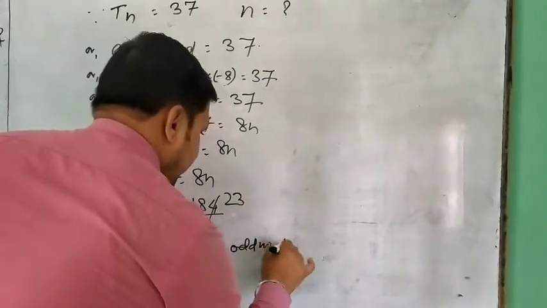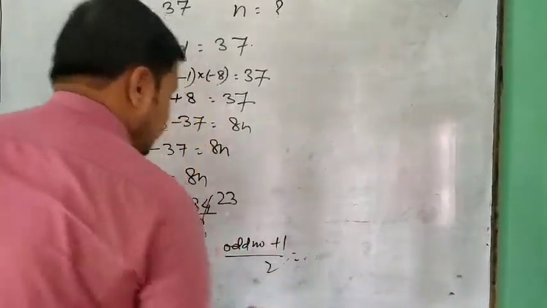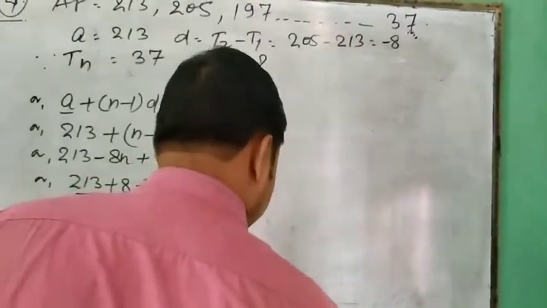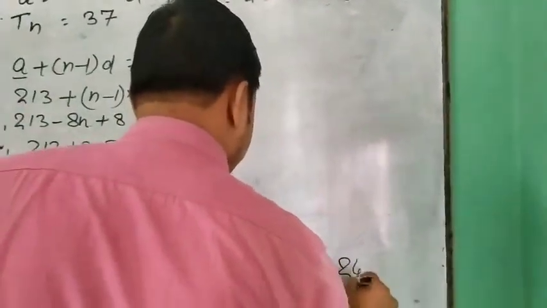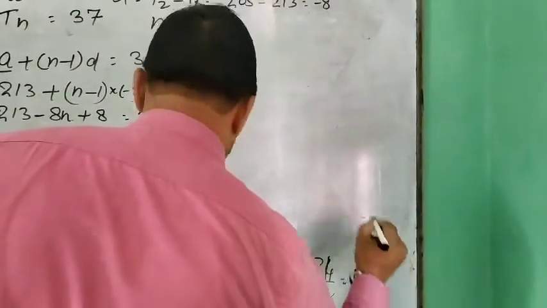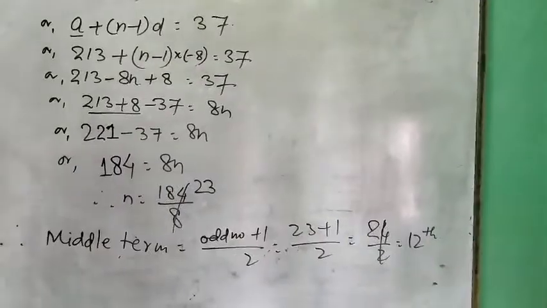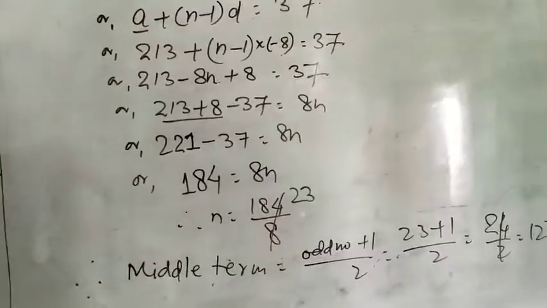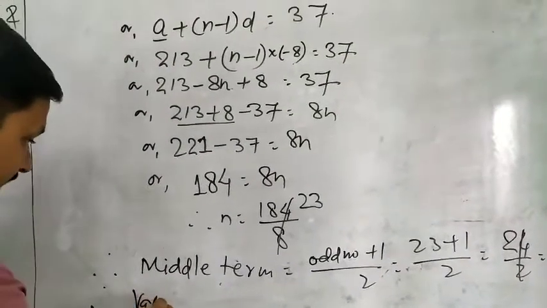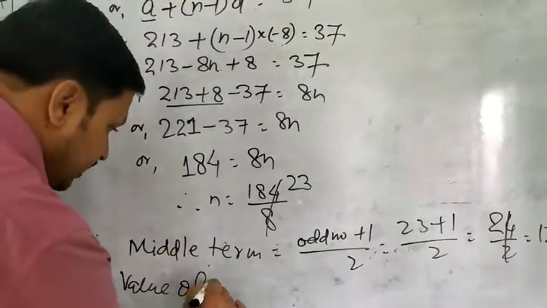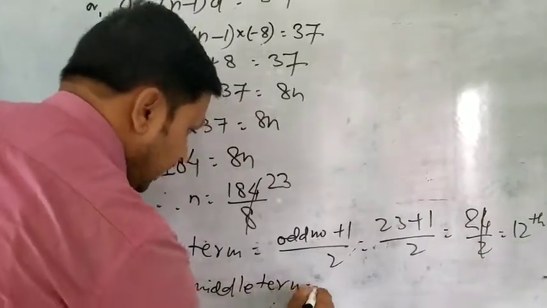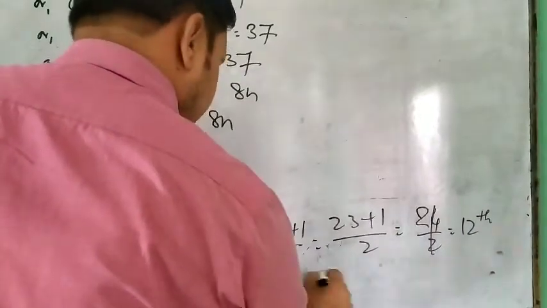So (23 plus 1) by 2 equals 24 by 2, that means the 12th term. The middle term is the 12th term. So the value of the middle term equals T12.